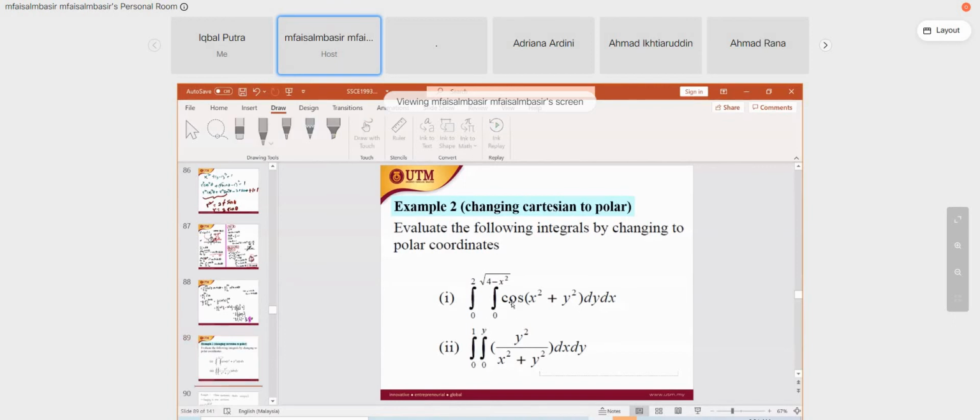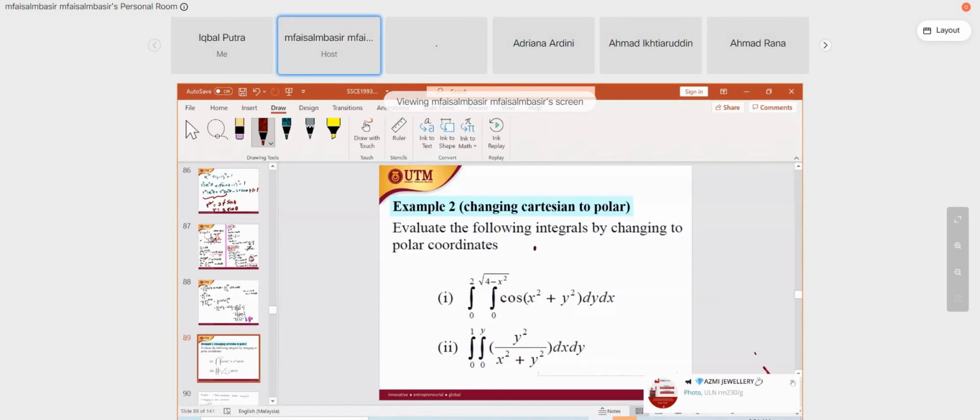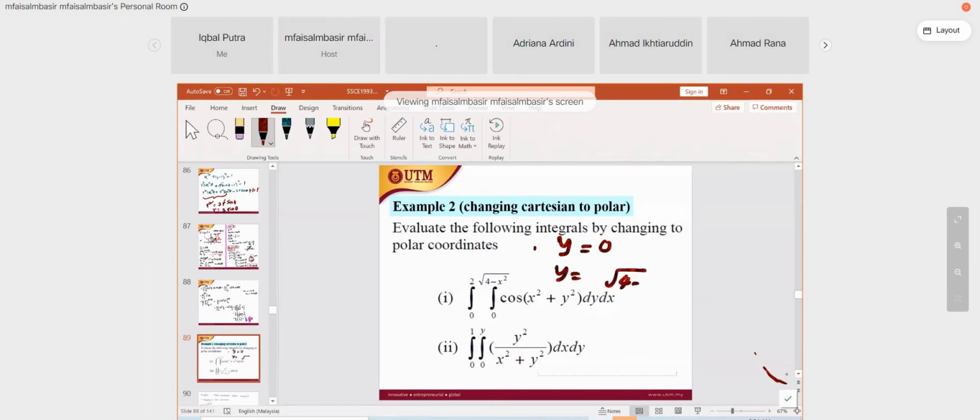To do the A1, first you sketch this. So what you know is that here, this is y equals 0. y equals square root of 4 minus x squared, positive.